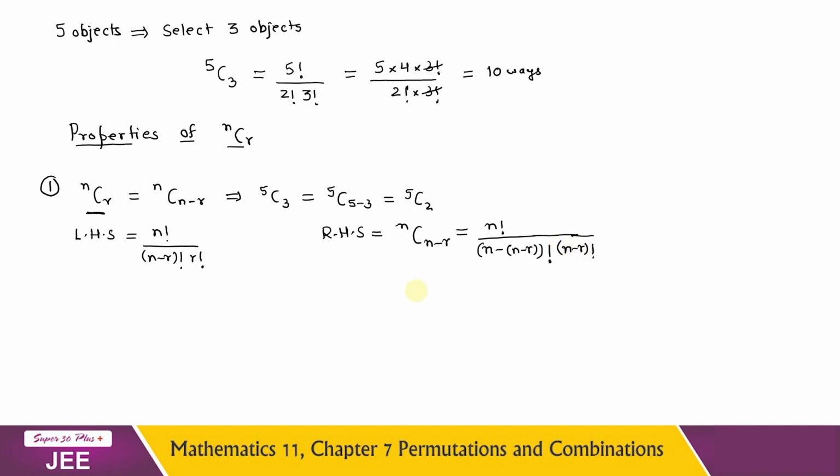I have just applied the formula of nCr, but here n minus r is replacing r. So this becomes n factorial divided by r factorial, since n minus (n minus r) becomes r itself, and this is (n minus r) factorial. So as we all can see, the LHS is equal to the RHS. Hence proved that nCr is always equal to nC(n minus r). Let's move forward to understand the second property.